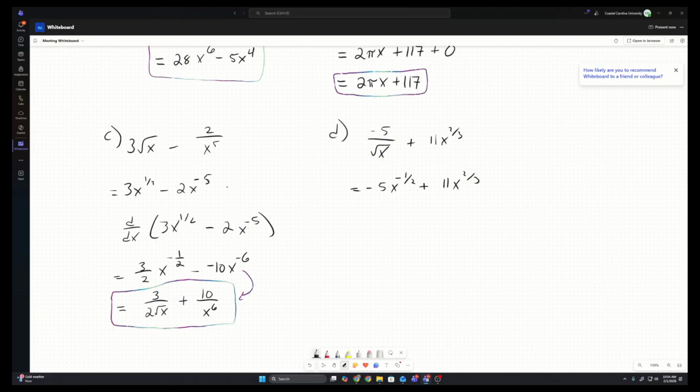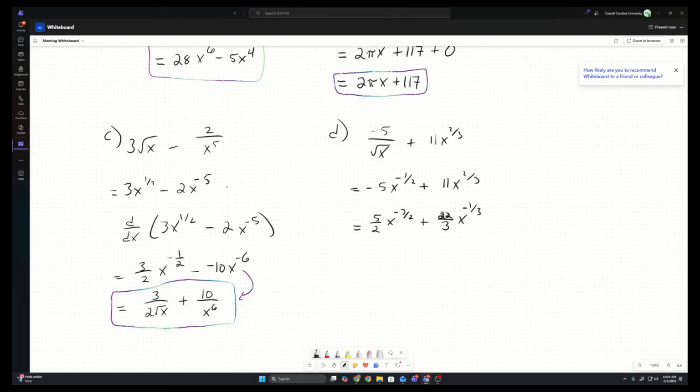What's going to happen here is when I multiply this through, the -5 gets multiplied by -1/2, so that's 5/2. And we get x to the -3/2 if I subtract 1, plus 2/3 multiplies the 11, so it becomes 22/3. Then we get x to the 1/3, but negative.